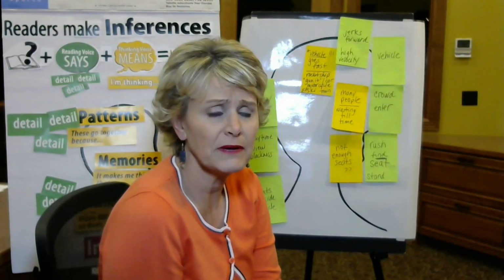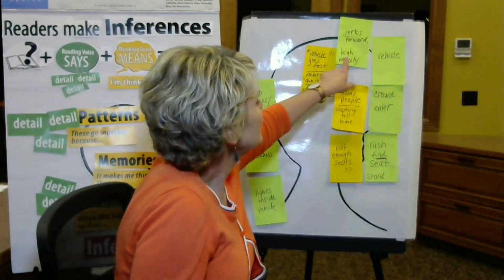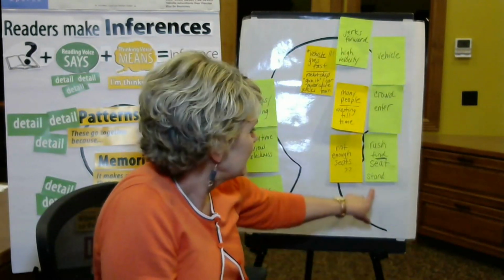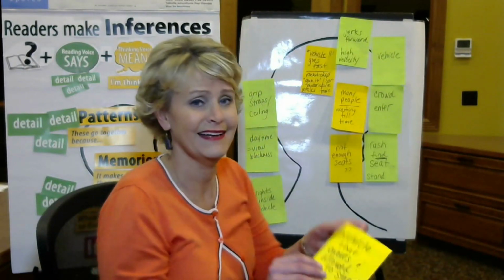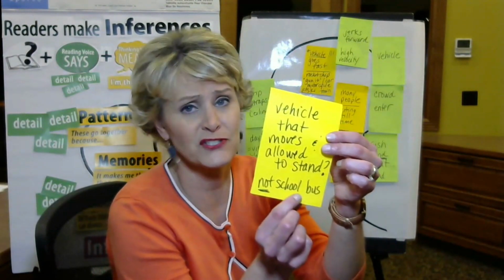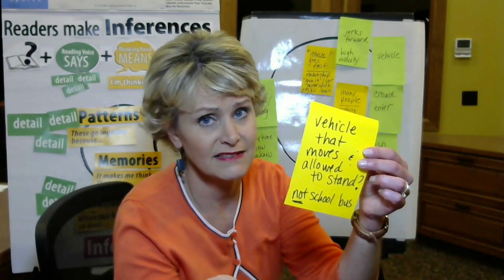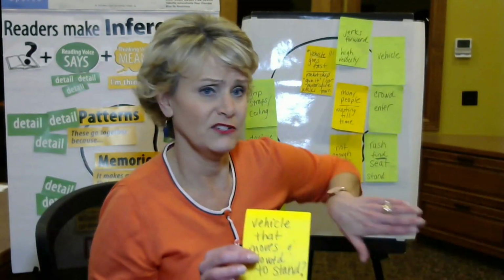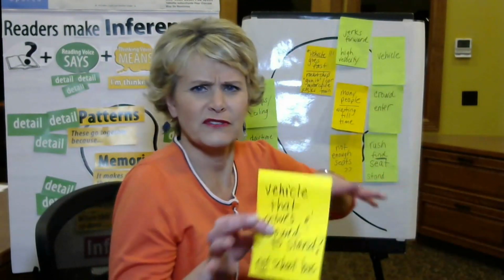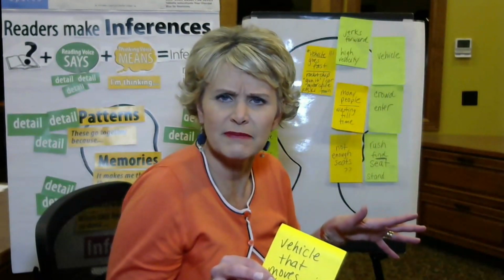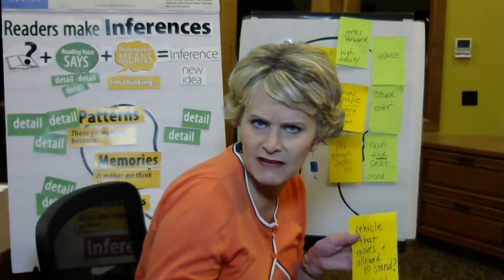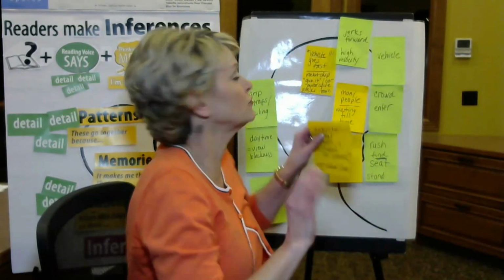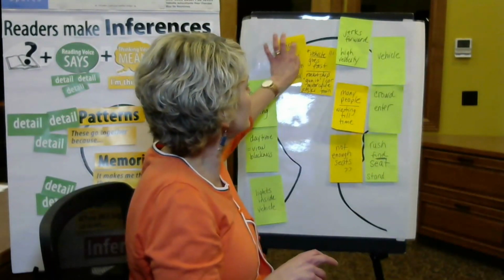And one thing I'm thinking right now is, if you're standing when the vehicle is moving, then it's totally not a school bus, because they don't let you stand. And a lot of city buses, this whole idea of you've got to have a seat, you can't be standing, it's not safe. So it's normal to not have a seat and have to stand. Well, this is not a school bus. My thinking voice is telling me that.